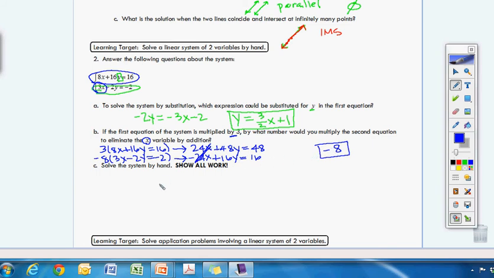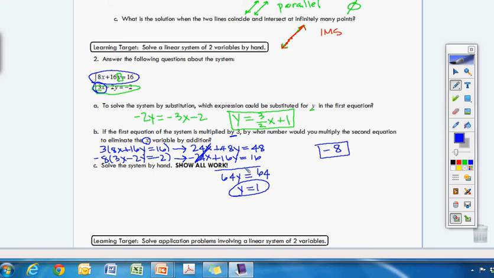All right, and here now we actually want to solve the system by hand. I'm just going to take this work right here. Here now we have our x's actually did cancel out, so I'm going to add these up. I have 64y equals 64. So when I'm solving for y, y equals 1.